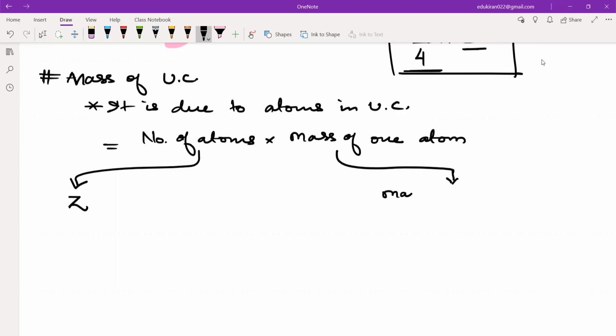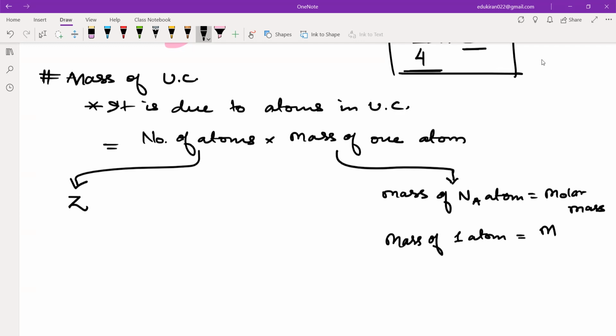It is the mass of Avogadro number of atoms, 6.022 into 10 to the power 23 atoms. If I weigh them, then I will get the molar mass. Now, if I want the mass of one atom, this will be equal to the molar mass divided by Na. Is that clear? Yes or no?